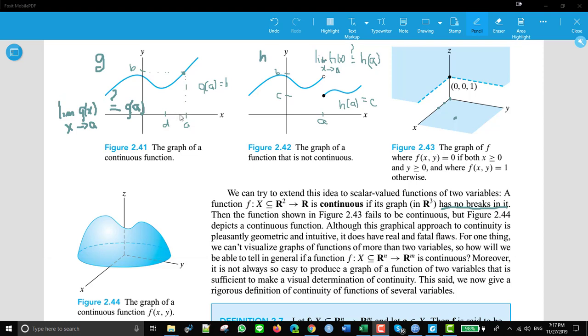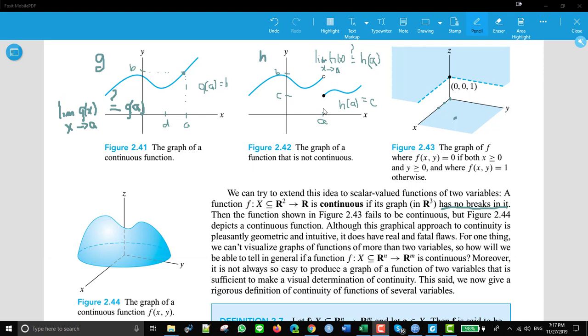And also from the left-hand side, as we get closer and closer to a, the height is also getting closer and closer to b. So we would say that the limit as x approaches a is b, but b is g of a. So the limit as x approaches a is g of a.